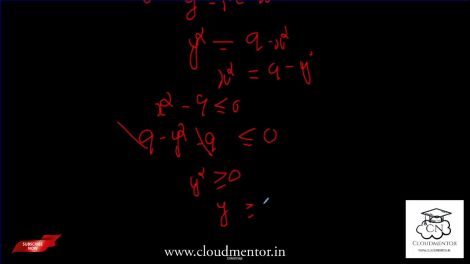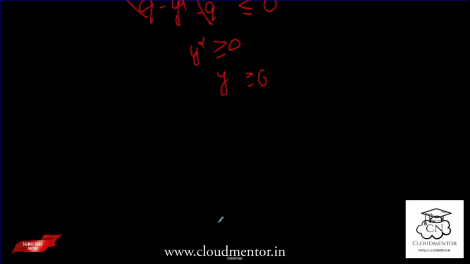Now we need to apply one more condition. We know that f of x is equal to root of 9 minus x square.